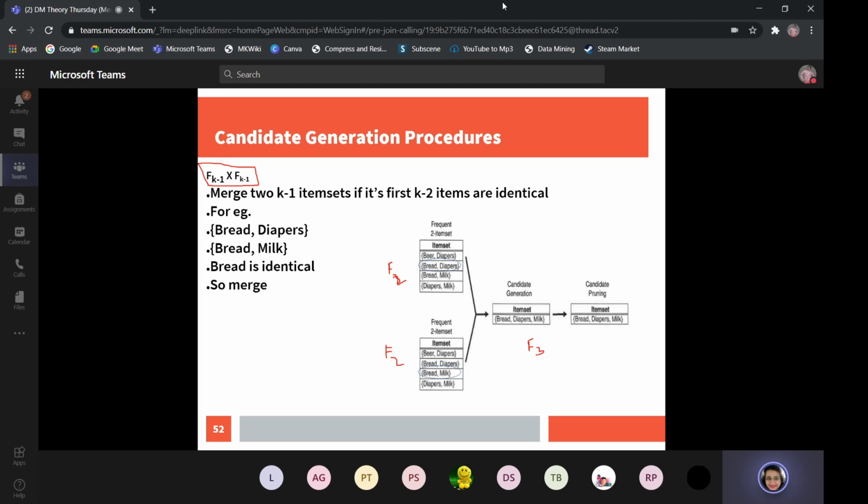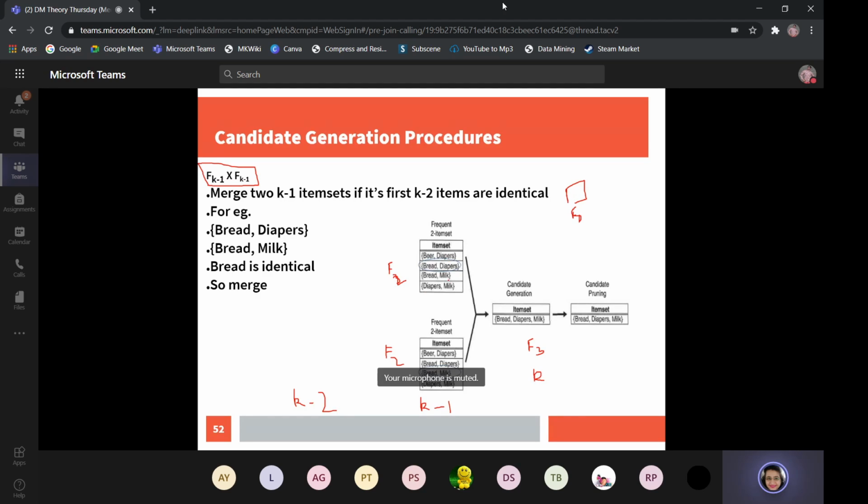The way to do this is, if you are creating k and you are combining k minus 1, you match k minus 2 items. Our basic assumption is that we are arranging lexicographically. So beer is lexicographically smaller than bread, and then diapers is the greatest.